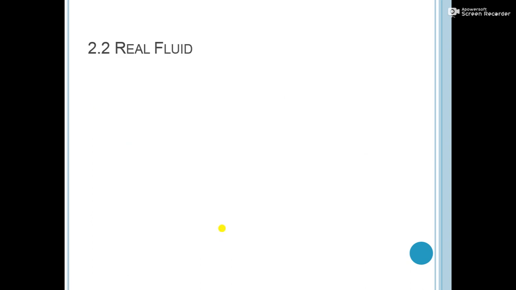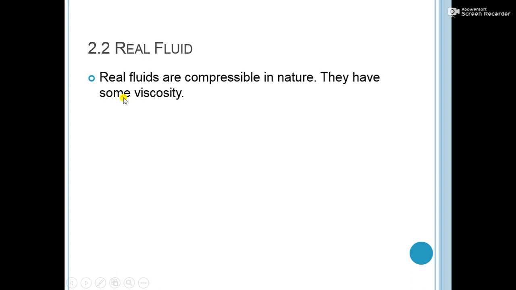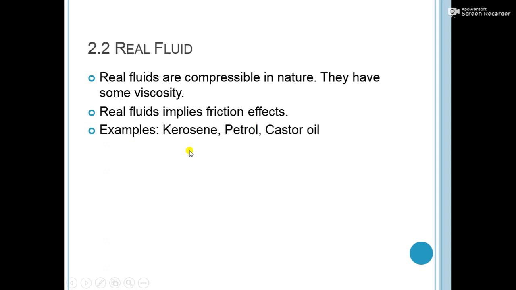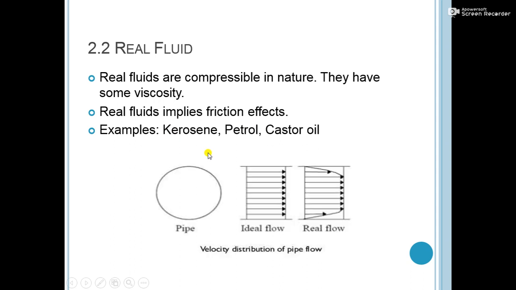Next fluid is real fluid. Real fluids are compressible in nature and they possess viscosity. In real fluid, there are friction effects. Examples of real fluids are kerosene, petrol, castor oil. So these are a few examples.